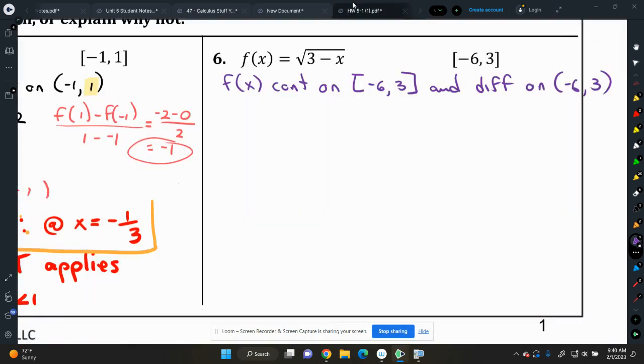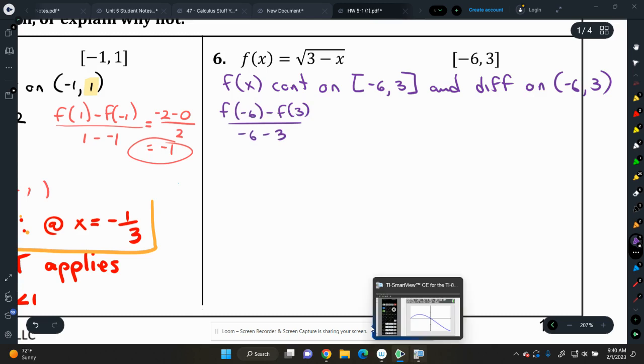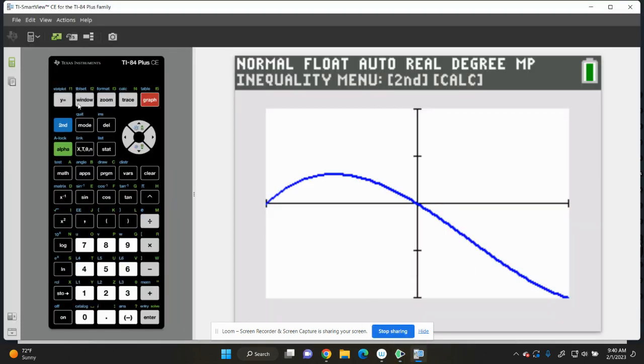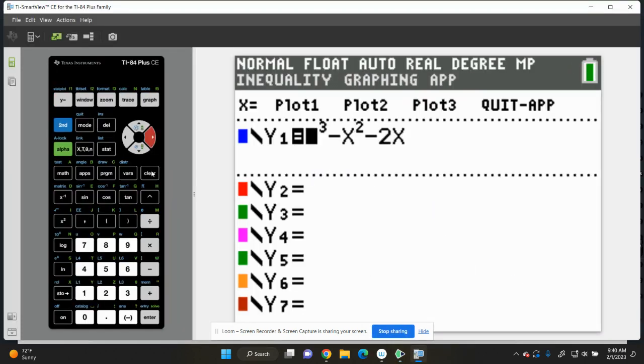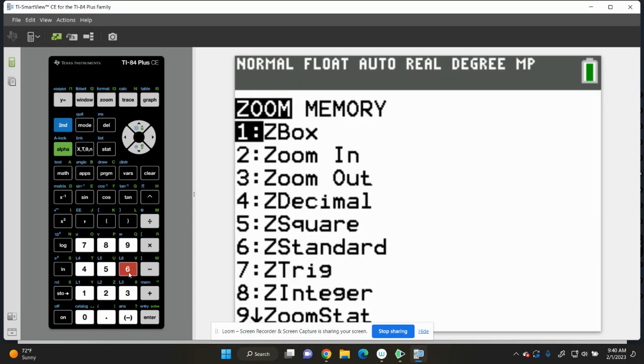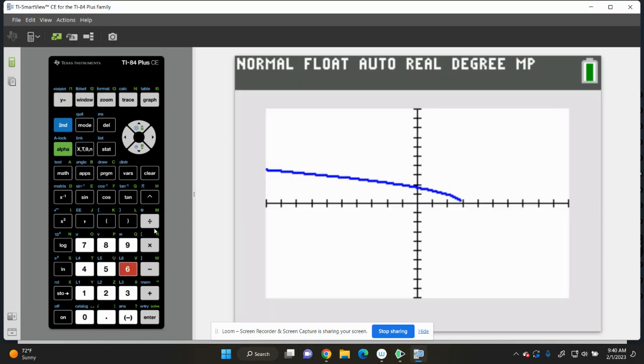So let's do f of 3 minus f of negative 6 over 3 minus negative 6. I'm going to put this in my calculator, square root of 3 minus x. That's what it looks like, and we're going from negative 6 to 3.